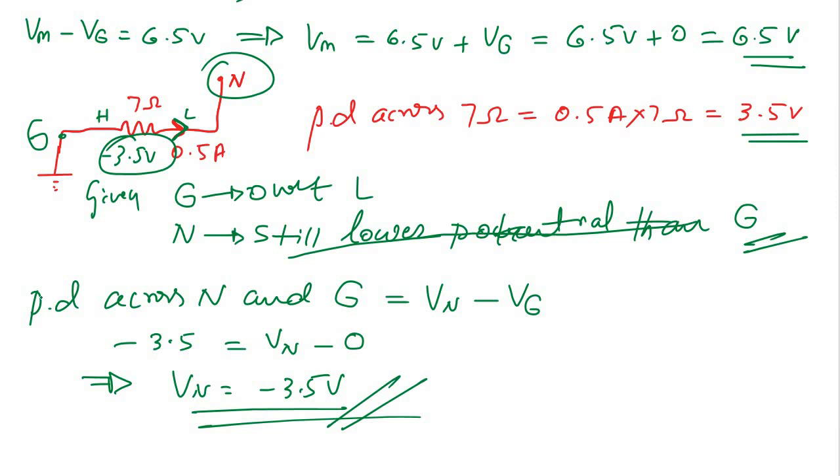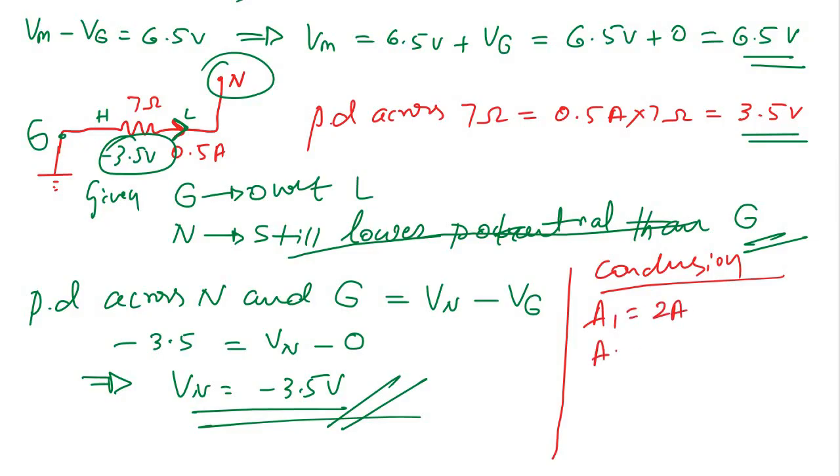Okay, so that's all about the answer. What's the conclusion then? The conclusion is very simple. I'm writing the conclusion. A1 equals 2 amps. How much is A2? A2 is 0.5 amps, right?